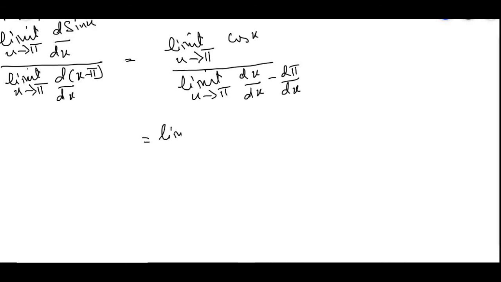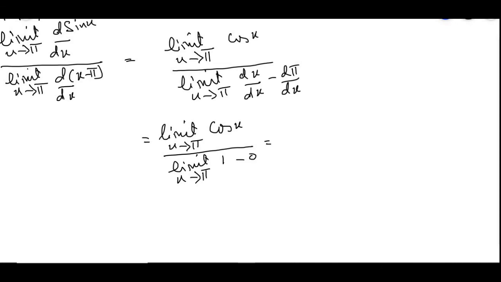Limit x approaches to pi, because we have to differentiate the numerator and denominator first, then we are going to apply the limit. Now the derivative of x is 1 and pi is a constant, so its derivative is 0.